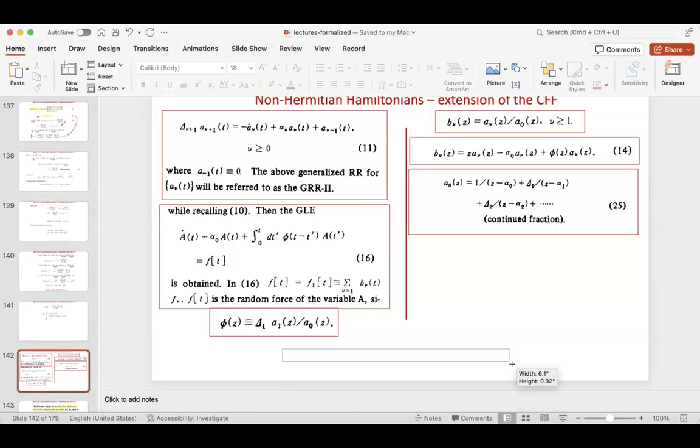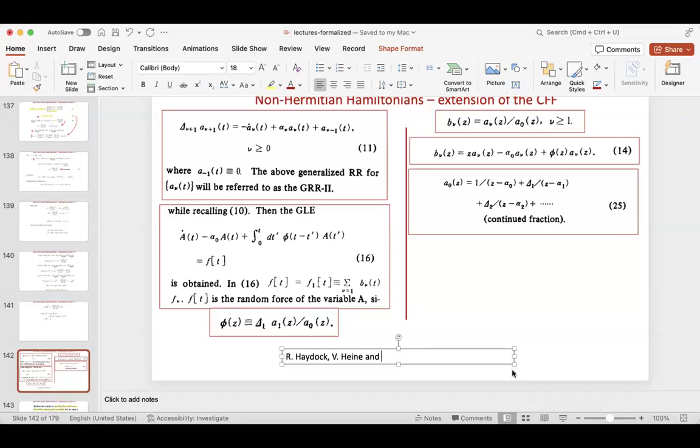It was introduced in this very famous paper by Haydock, Volker Heine, who was his advisor, and I forget the name of this guy.